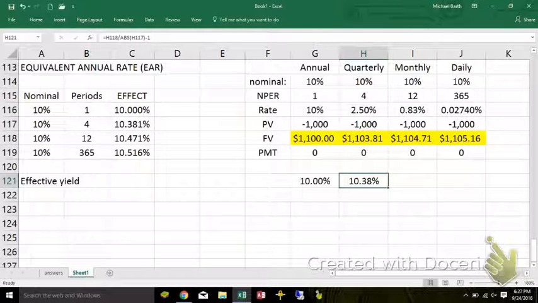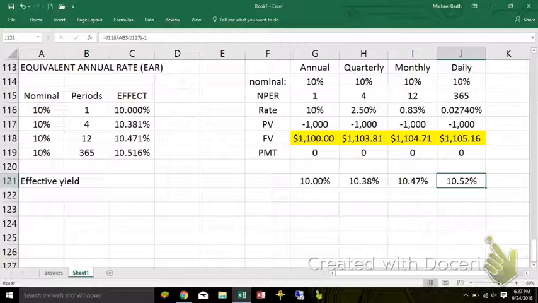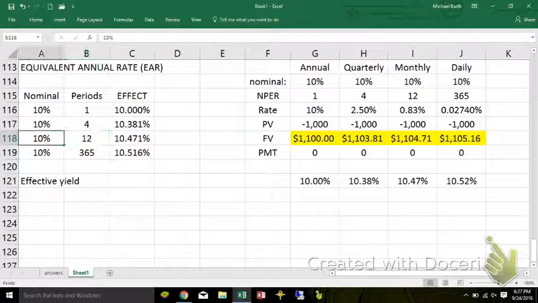If you ended up with $1,104, 1,000 of it is the money you put in, 104.71 of it is interest, then the interest rate would be 10.47. Okay? So if I do this over a 1-year period, the equivalent annual rate just says what's the equivalent rate if you only got paid interest once per year. Makes it easier to compare things.